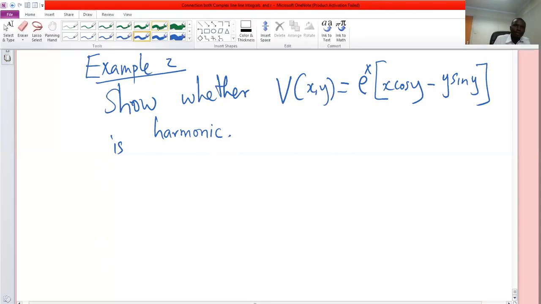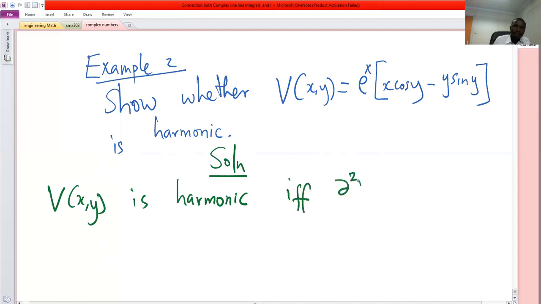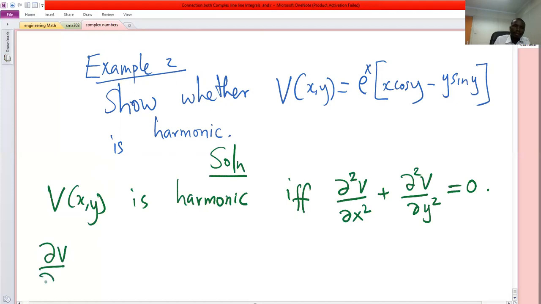So solution, v of x y is harmonic if and only if partial squared v partial x squared plus partial squared v partial y squared equals 0. So from this one, partial v partial x will be, now we use product rule.